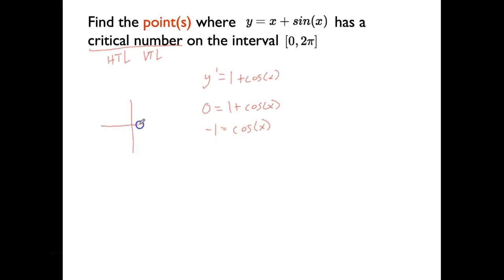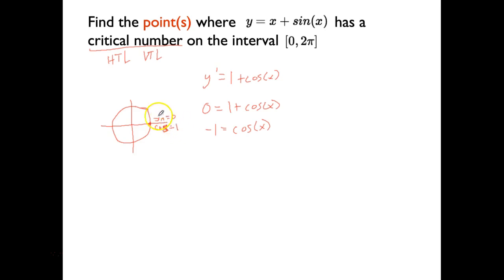And what I would do to figure that out is I would set up my unit circle. And right here, when you have an angle of 0, you have sine, or the y value, equals 0, and cosine, or the x value, equals 1.